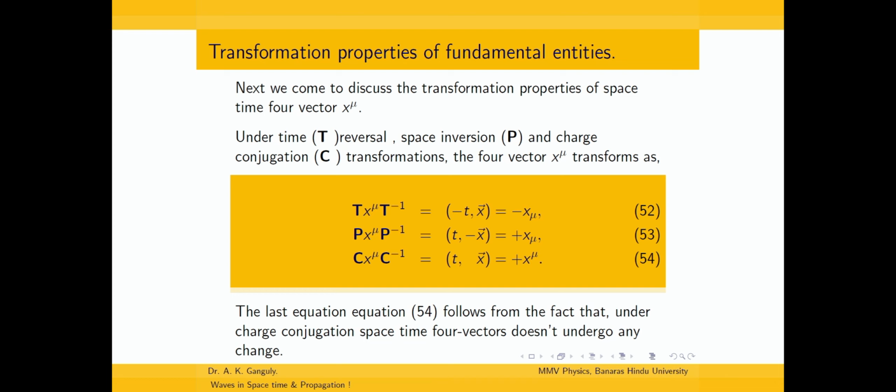So, to begin with, let us say that we have 4 coordinates of a space-time vector. The 0th component is a temporal component and the 3 spatial components. So, by definition, change in time should be related to the time reversal transformations.